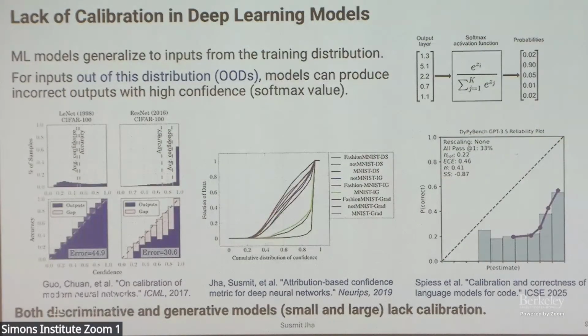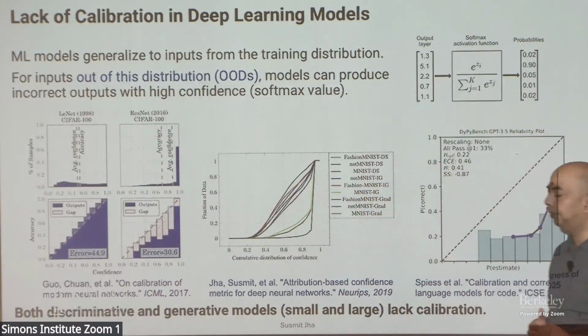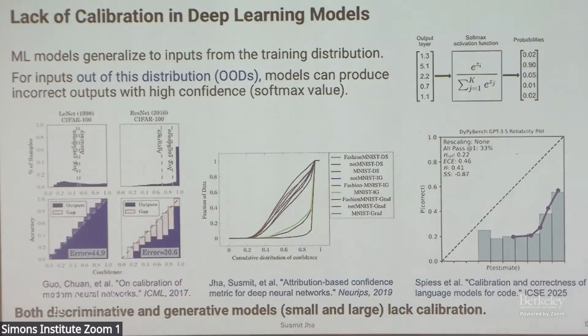Now, going back all the way to 2017, there was a paper, Guo et al., which looked at the improved performance of deep learning models. I think at that point, ResNet from 2016 was the state of the art. They compared it with LeNet from 1998. What they showed is that despite the fact that the accuracy had significantly improved, the model had become really miscalibrated.